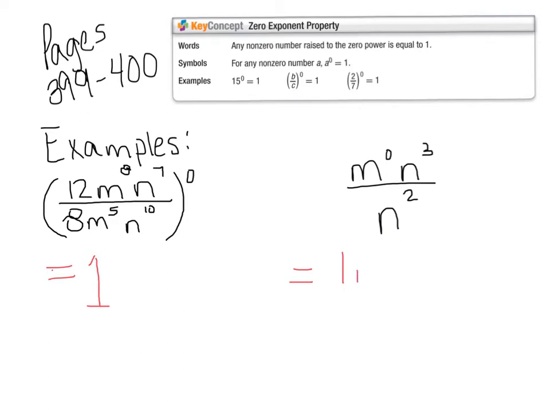The rule says that I subtract those exponents. So 3 minus 2, that would be n to the first power, or just 1n. Please make sure you get these examples in your notes, and we may have another random note check pretty soon.